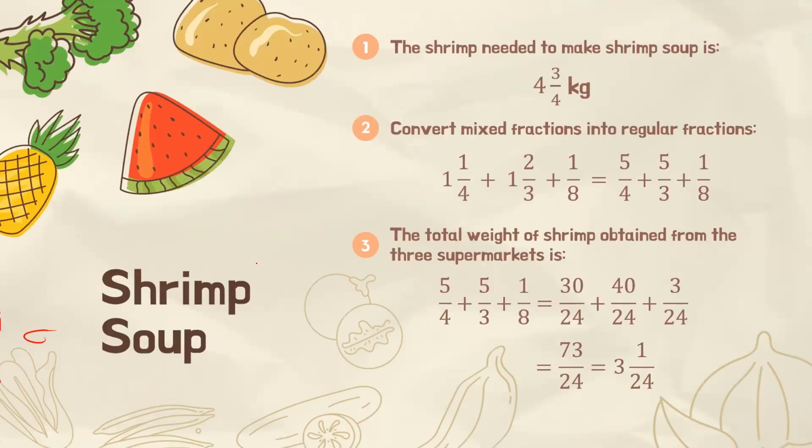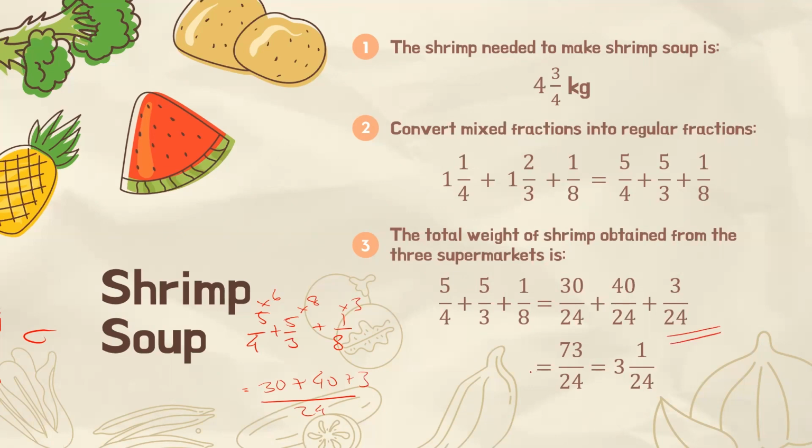Here we have 5/4 plus 5/3 plus 1/8. The denominator is 24, so 5 times 6 is 30, 5 times 8 is 40, and 1 times 3 is 3. So we got this form.